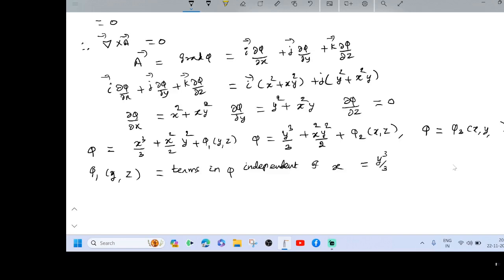Then this is our x term. Now phi 2 of x comma z equal to terms in phi independent of y. See this, x³/3, that is a term.